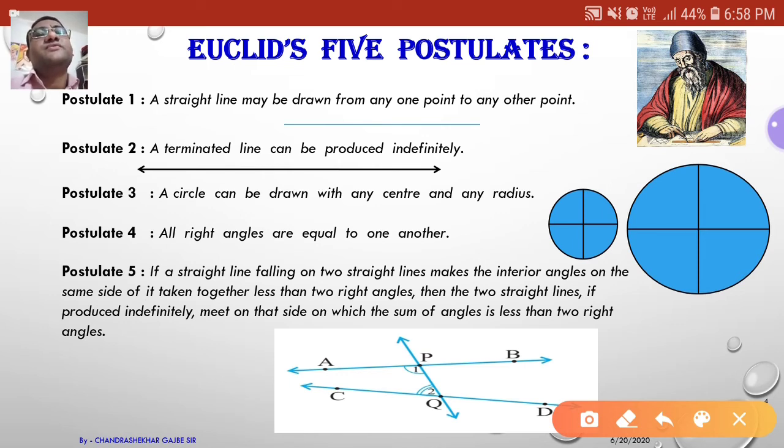On the same side of the transversal, taken together, you can check on the screen, they are less than two right angles. Two right angles means 180.